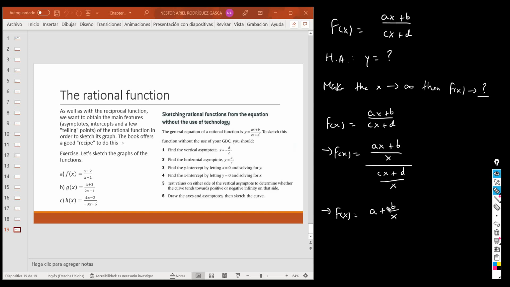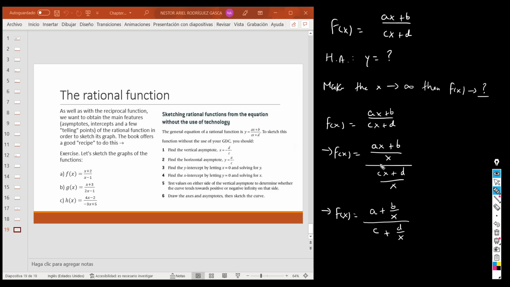I'm simplifying this into this. Over, and then the same, cx over x, you get c. And then d over x, you get plus d over x. Basically I have changed this form of the function into this equivalent form. They are completely equivalent forms.